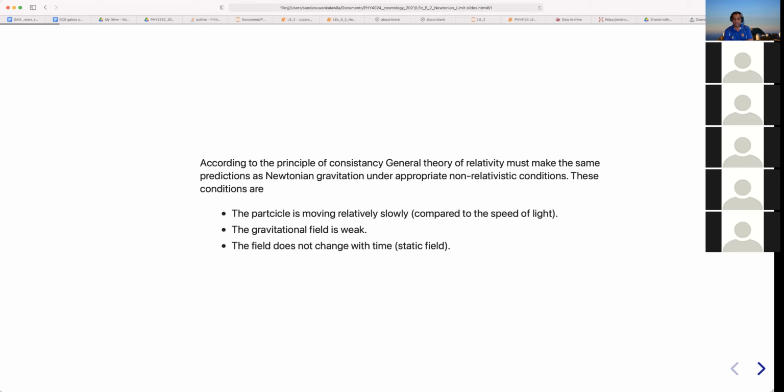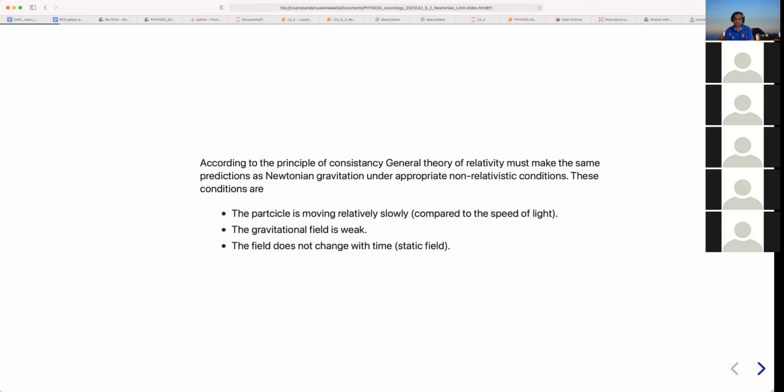So what we have stated there is we should be able to make the same predictions as the Newtonian gravitation under appropriate non-relativistic conditions, which means once you have this advanced theory, we should be able to apply the relevant conditions that are appropriate for Newtonian gravitation, and we should be able to derive those Newton's equations, right? So that is the idea.